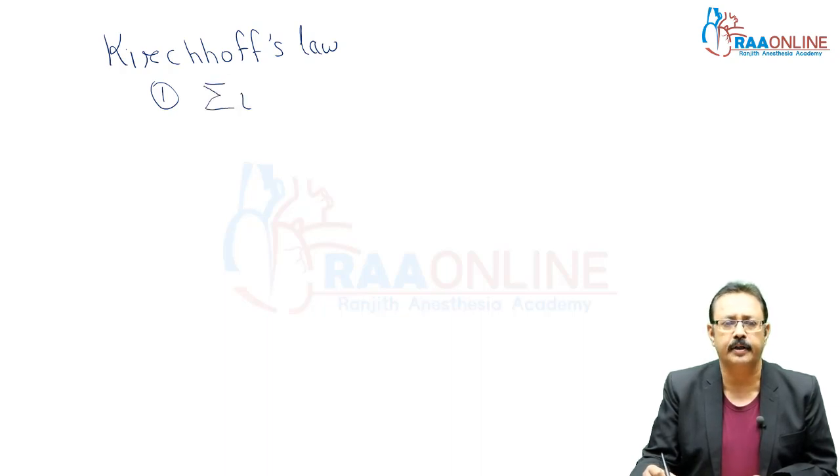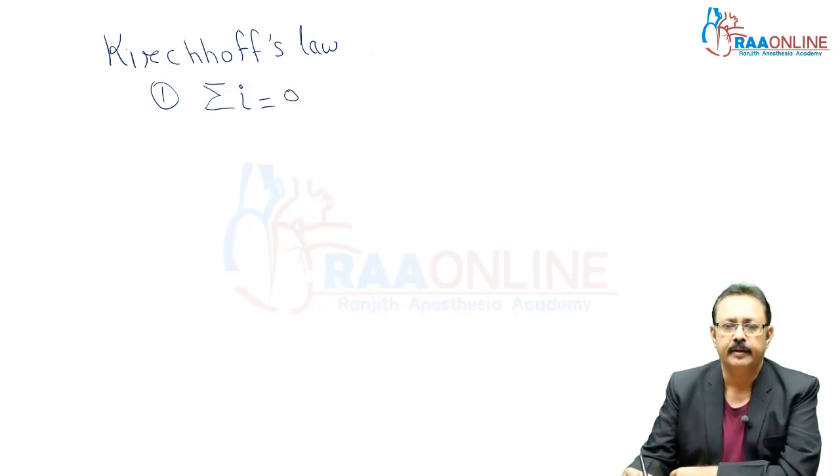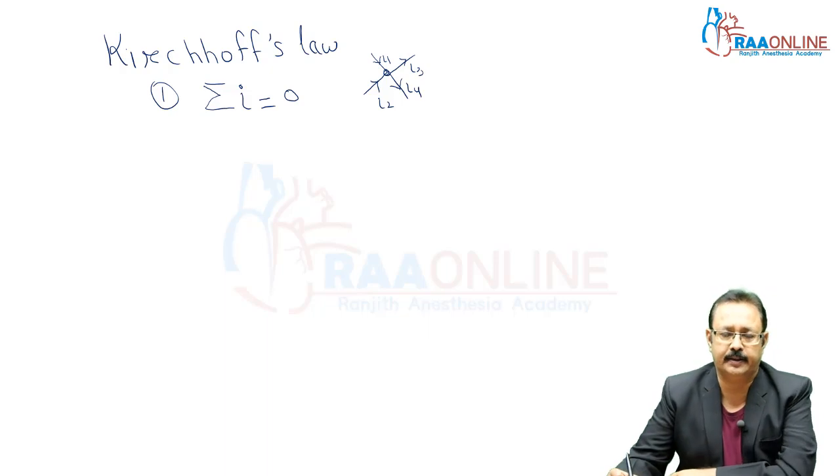At any junction, the summation of current should be 0. Suppose in a circuit there is a junction. I1 current is going towards the junction, I2 current is going towards the junction, I3 is moving away from the junction, I4 is moving away from the junction. So what does Kirchhoff's first law state? The algebraic sum of all currents should be 0.